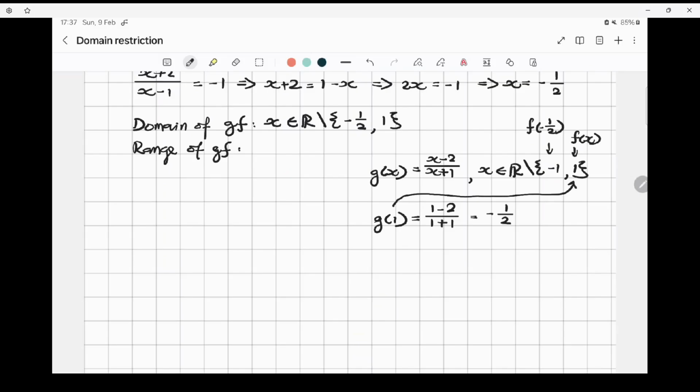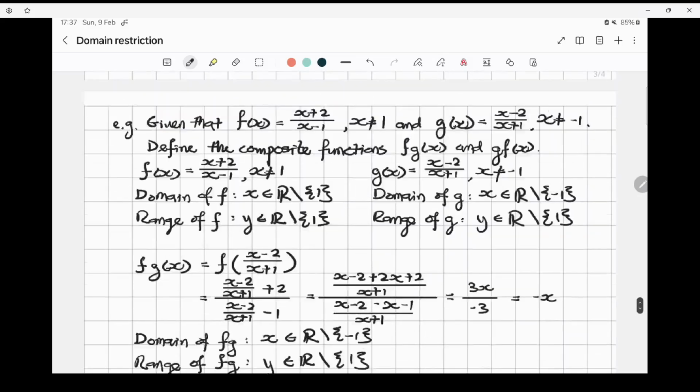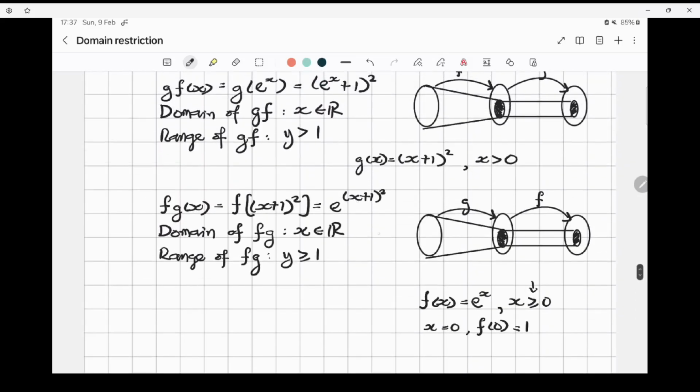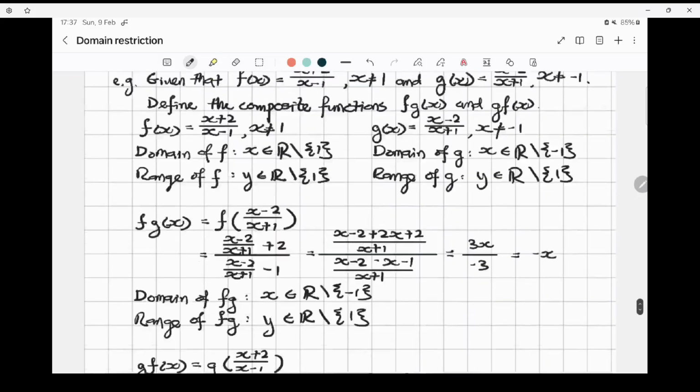So remember that this is the case whereby your range of the first function is a subset of the domain of the second function. That's why you always need to work out the proper range after you get a smaller subset due to this particular situation.